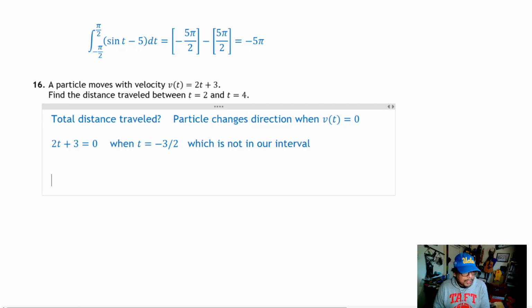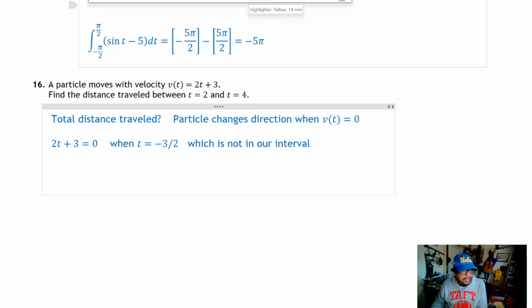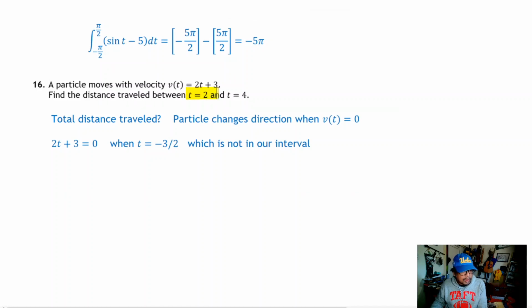Setting 2t plus 3 equal to 0, really easily we can figure out that that happens when t is equal to negative 3 over 2. And if we're only looking in between t equals 2 and t equals 4, well then our particle isn't going to change direction in that interval.